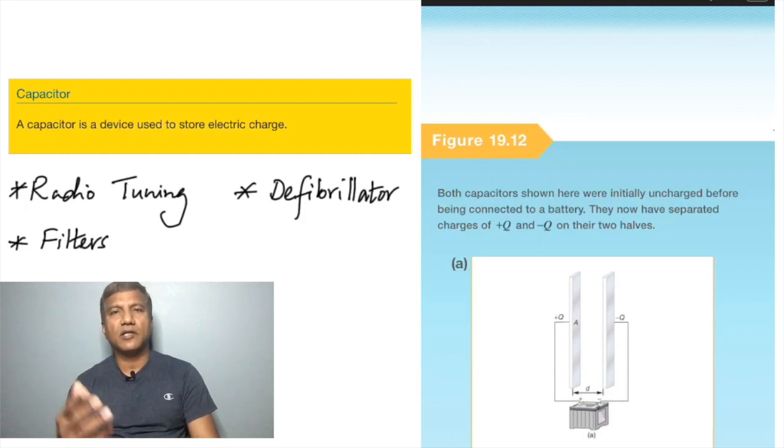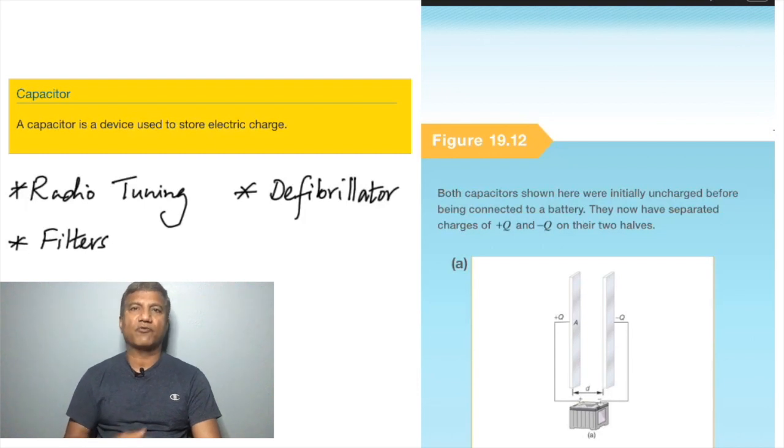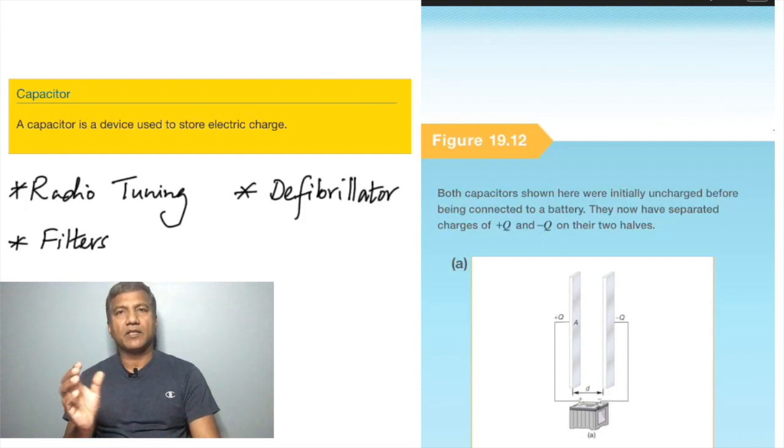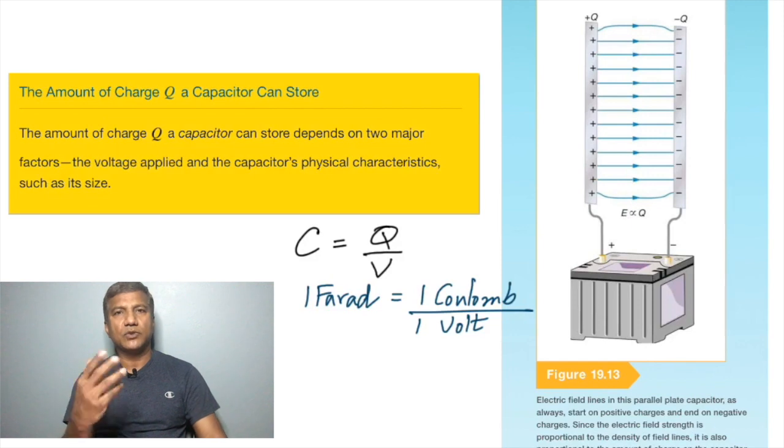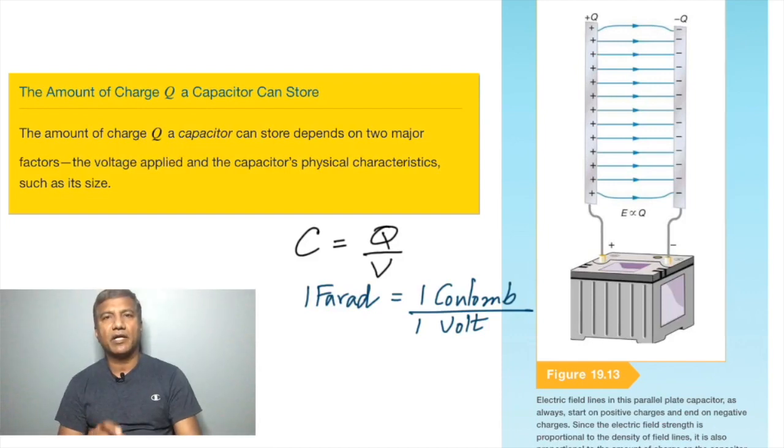When the capacitor plates are disconnected from the battery, the capacitor is able to hold that charge. And that's why we say that a capacitor is a device used to store electrical charge. The charge that can be stored by a capacitor depends on the voltage that's applied between its plates, that means the voltage of the battery.